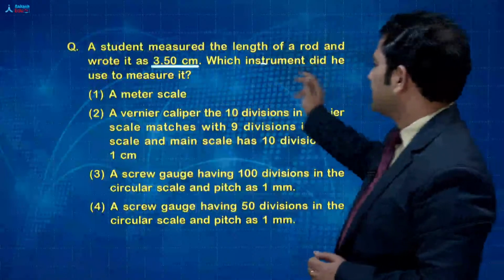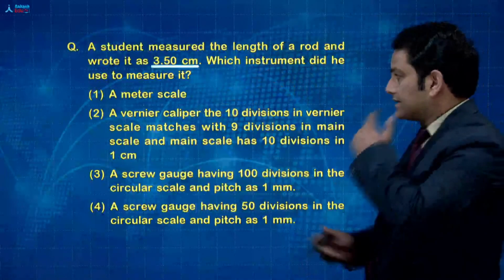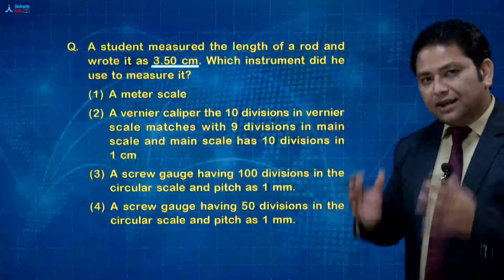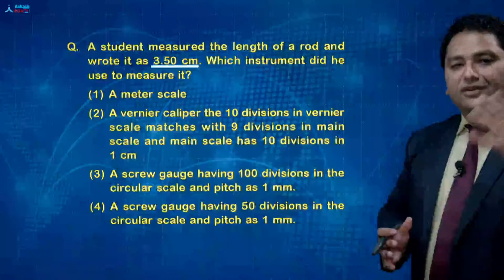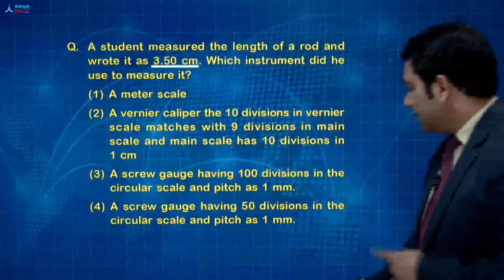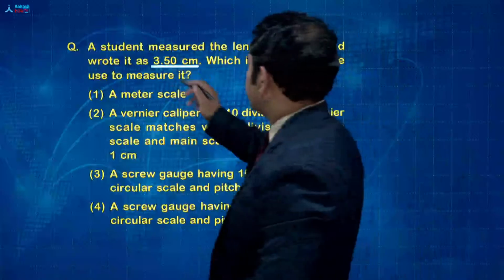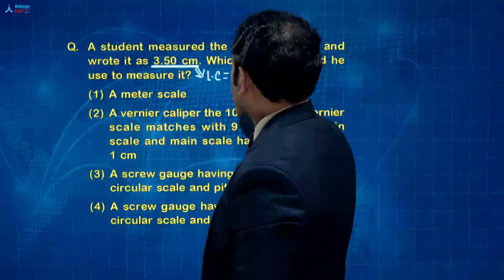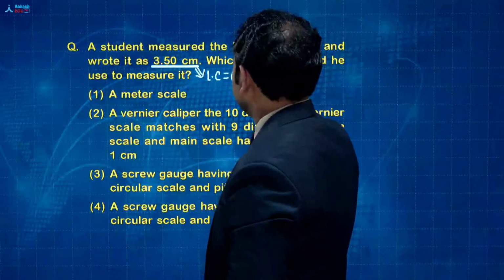primarily relies on this concept कि आपके पास एक reading है और आपको बताना है कि ये जो reading हमको मिली है, which sort of device was used to measure and to give this reading. The moment you see this reading, the first thing that you can say that, the least count of the device is 0.01 centimeter.